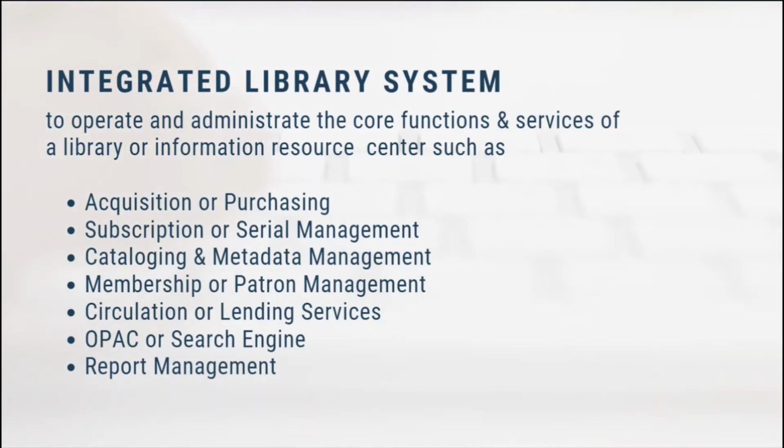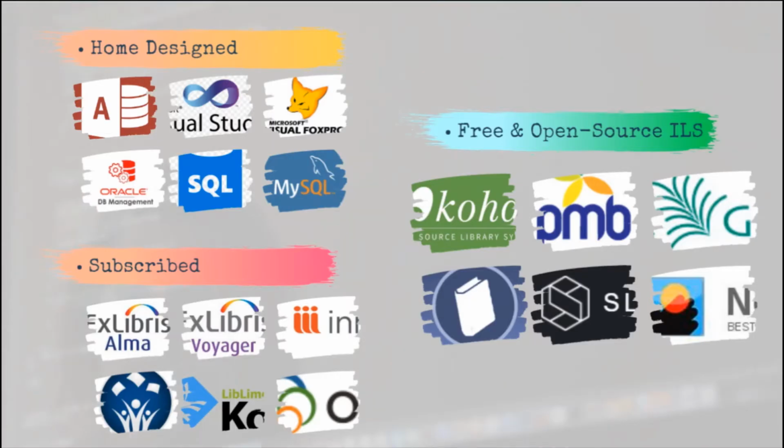So we have different types of ILS. When library automation started, we saw DOS or Unix-like systems, and then a time came with the development of Windows, and we had some user-friendly integrated library systems designed on Microsoft Access, VB (Visual Basic), FoxPro, Oracle, SQL, MySQL, and there is a long list.